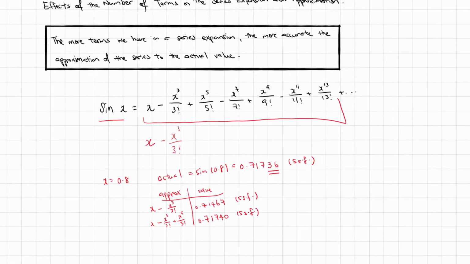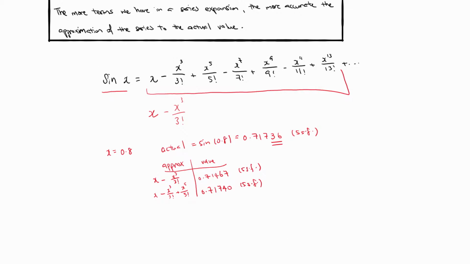So we can do one more just to see the trend. That will be x minus x cubed over 3 factorial plus x to the power of 5 over 5 factorial, minus x to the power 7 over 7 factorial. So let's go to our calculator and subtract that term. So we have minus 0.8 to the power of 7 over 7 factorial, and what we have over here is 0.717355, which rounds off to 0.71736.